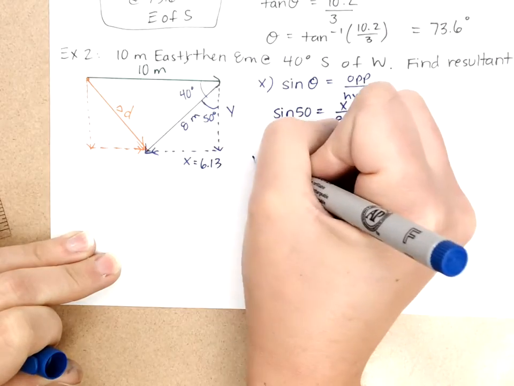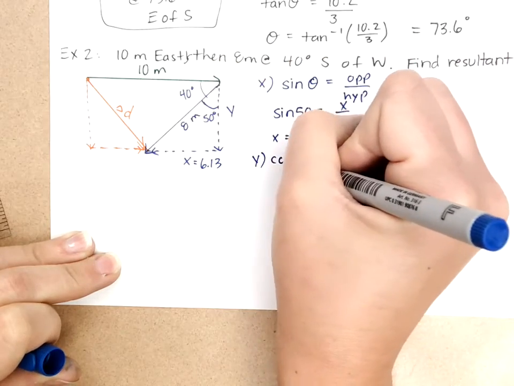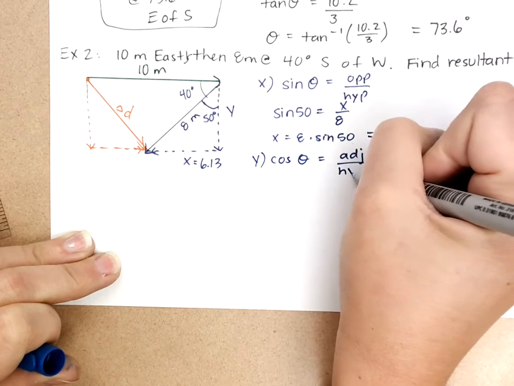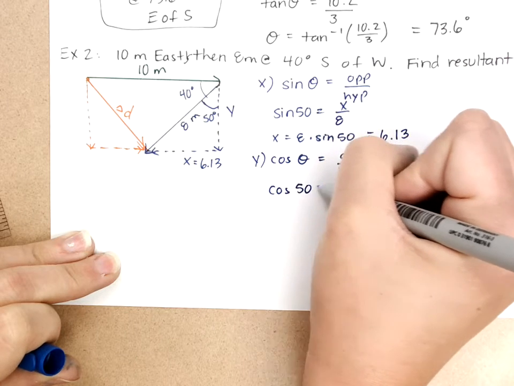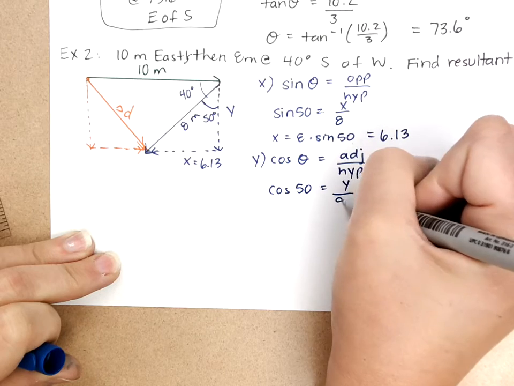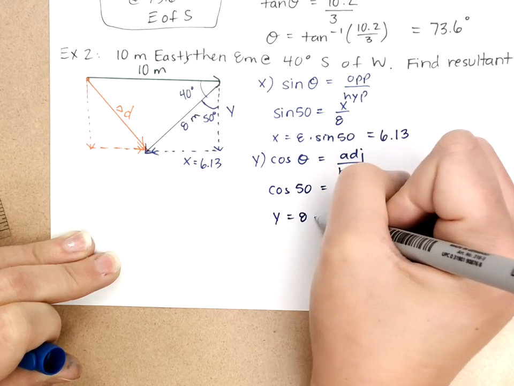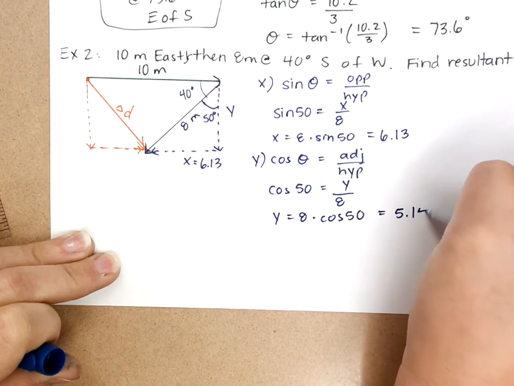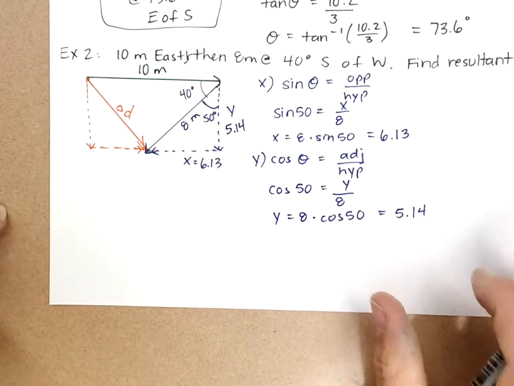Same thing for y. This time it's the adjacent side to the angle, so cosine theta equals adjacent over hypotenuse. Cos 50 equals y over 8. You should get y equals 8 times cos 50, which is 5.14. Okay, we're almost there.